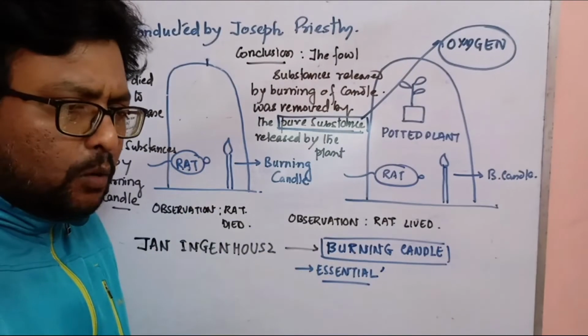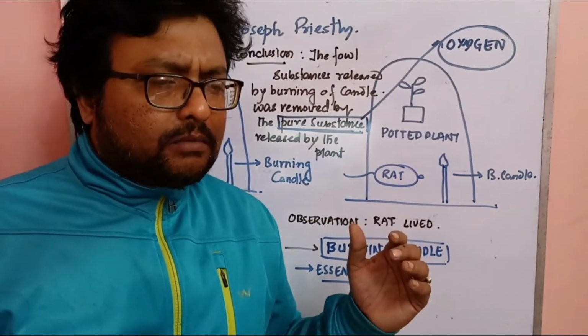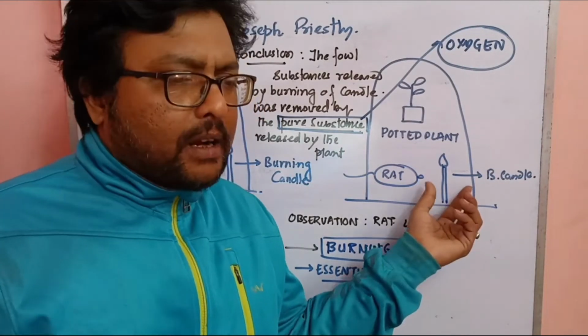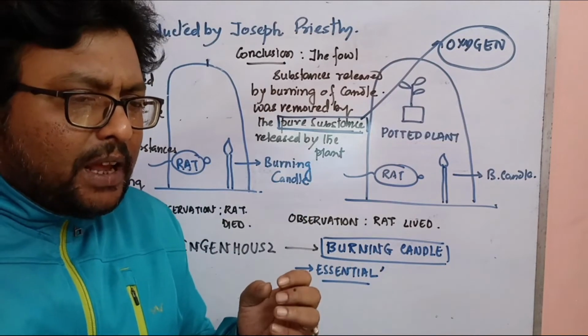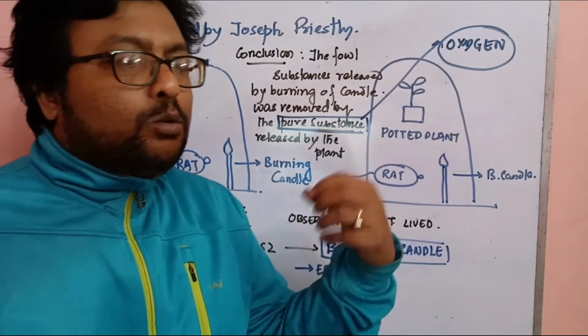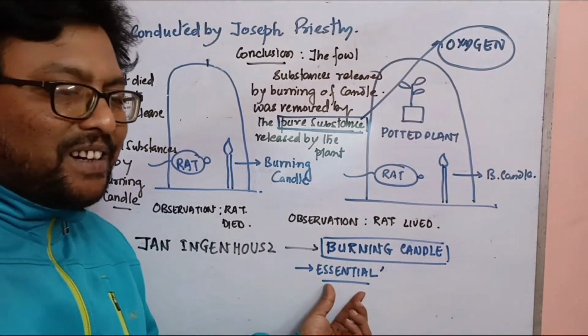Anyway, why is it so? Because this burning candle, generally we know now, emits carbon dioxide, and this carbon dioxide is utilized by plants. Why was it said that it was essential?